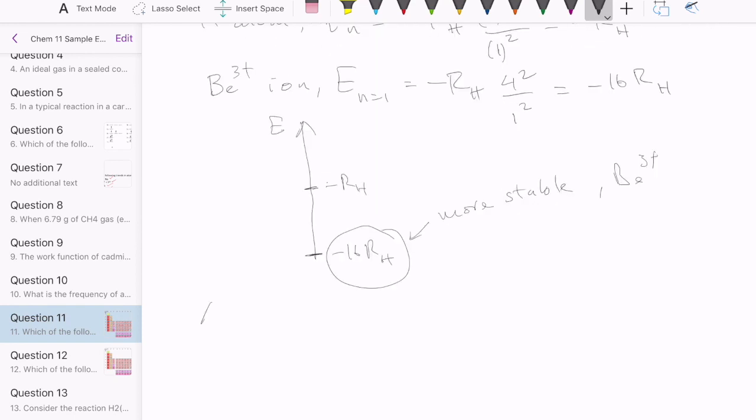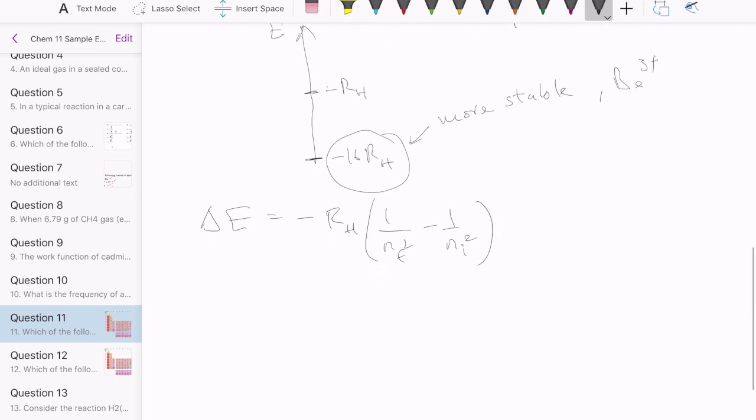How do we calculate the energy change? Well, we use that delta E equation, and it's negative RH. Remember that Z is 1 for hydrogen, so it's just 1 over n final squared minus 1 over n initial squared. To calculate it, I'm going to need the actual value of RH, which is 2.178 times 10 to the minus 18 joules, something you can find in a textbook if you don't have it in the question.